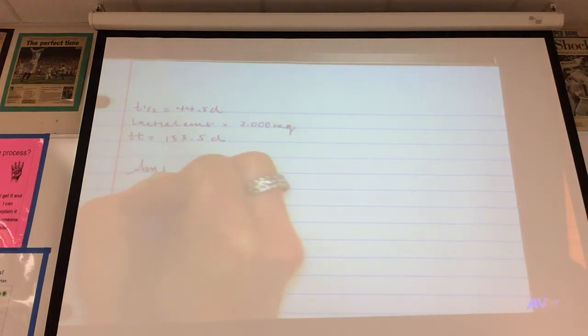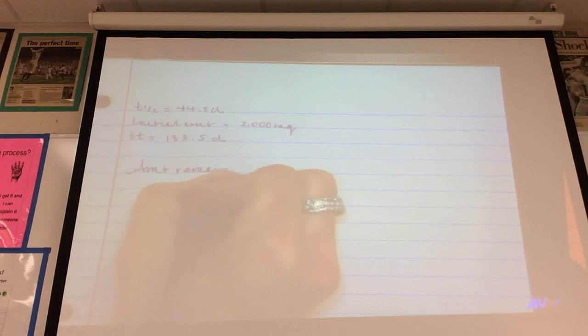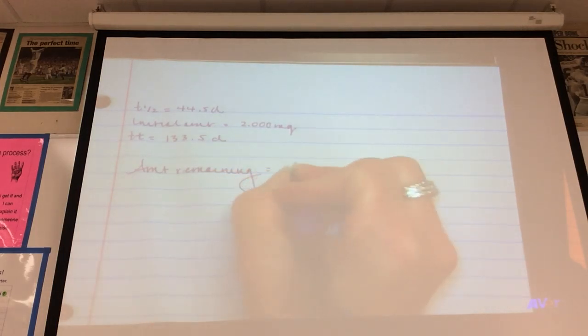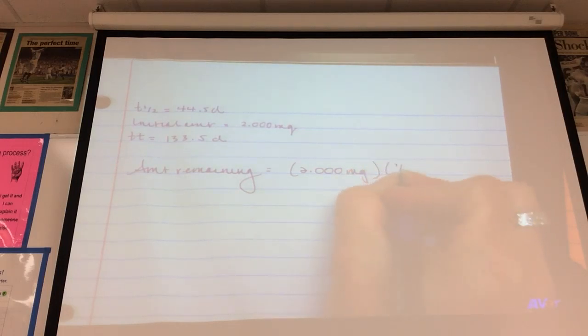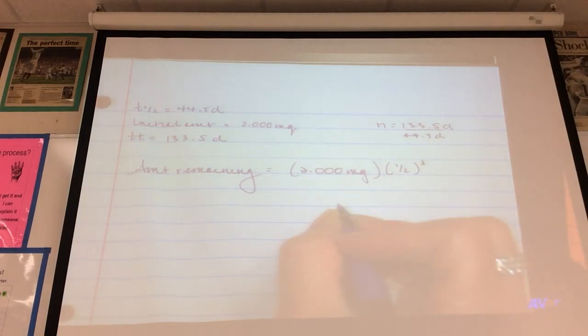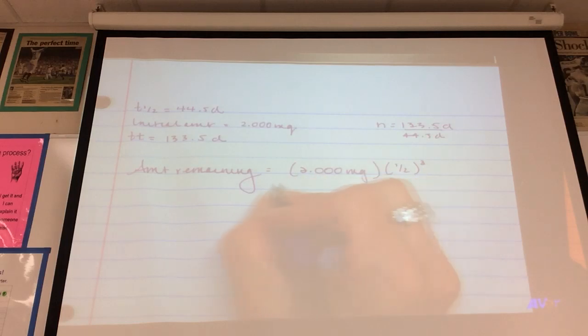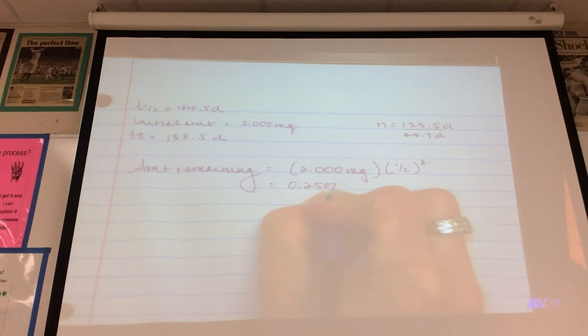So the amount remaining is equal to the initial amount, 2 milligrams, times 1/2 to the N, where N is the total time, 133.5 days, over the half-life, 44.5 days, and that's 3. So 1/2 to the third power is an eighth. 1/8 of 2 is 2/8, or 1/4, or 0.2500 milligrams.